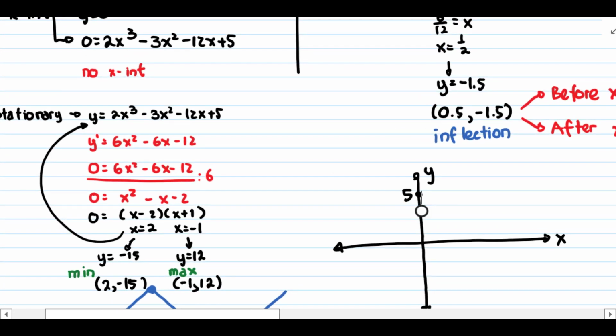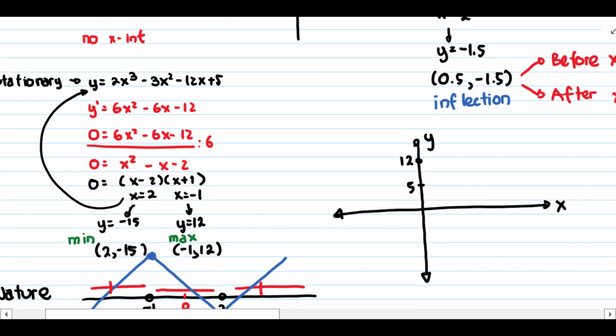Let's say this one is 5, and that one is 12. And then we have (2, negative 15). Negative 15 is right here. And negative 1.5 is, for example, here.